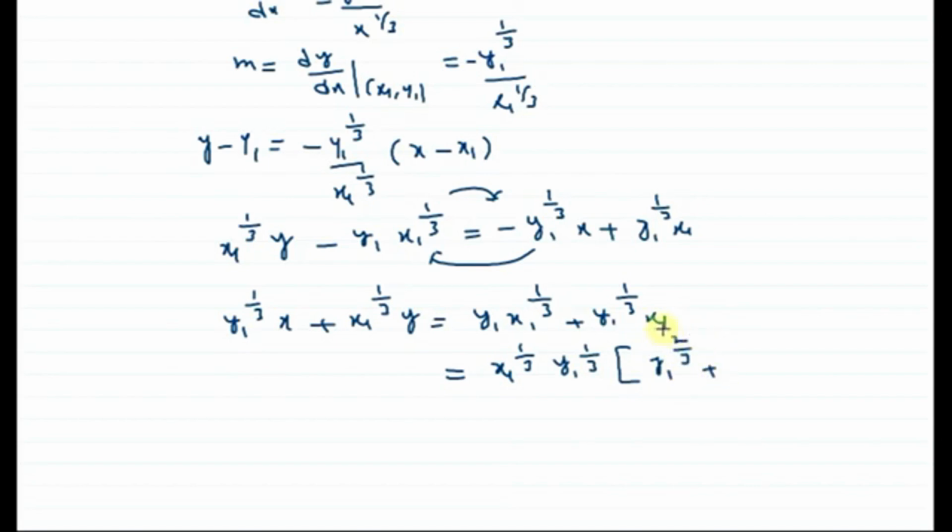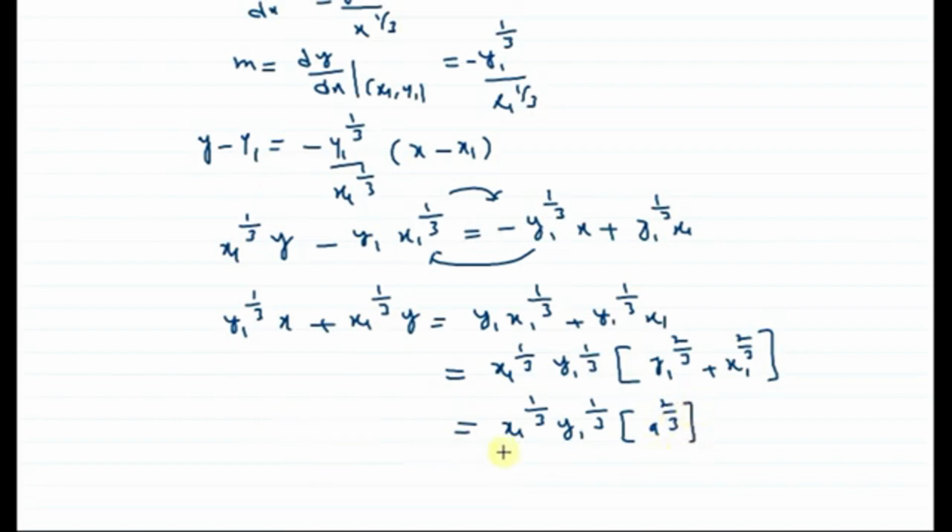Again, from x1, taking x1 to the power of 1 by 3 common, here I will get x1 to the power of 2 by 3. Now this is x1 to the power of 1 by 3, y1 to the power of 1 by 3 into, using the first relation, a to the power of 2 by 3.